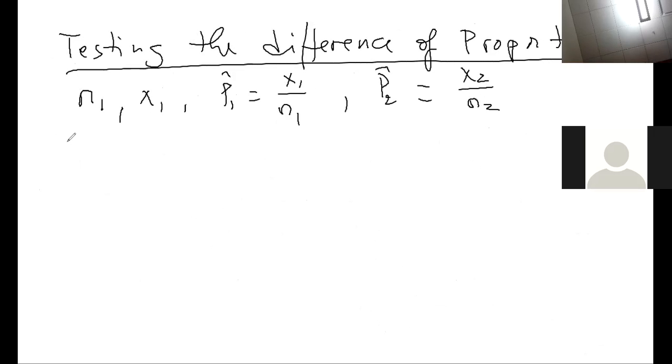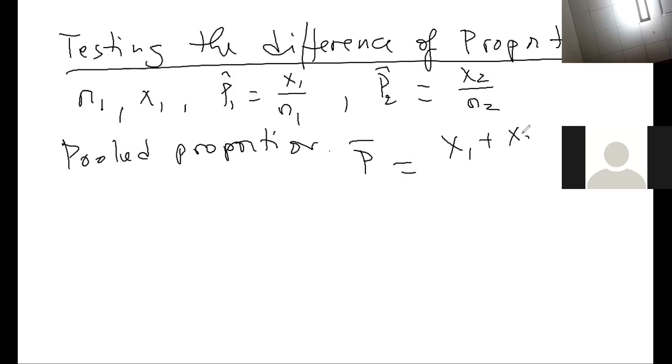Now, because we don't know the actual proportion, we are going to use the pooled proportion. The calculator is going to use it for you, but I just want to define it. P bar equals X1 plus X2 over N1 plus N2. This is to get a better approximation of the proportion.